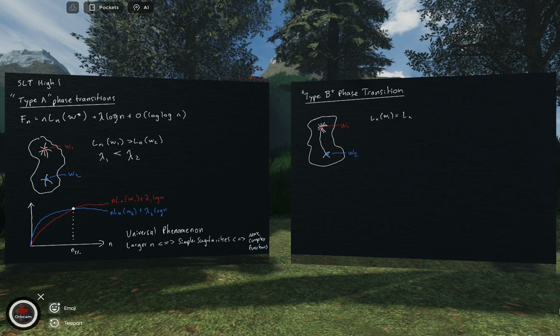Say the negative log likelihood's the same. But the RLCT as before, it's lower for weight 1. But now there's this higher order term, which is going to be greater for the first weight than the second weight. Well, as before, we can plot this free energy formula. It's a function of increasing n.